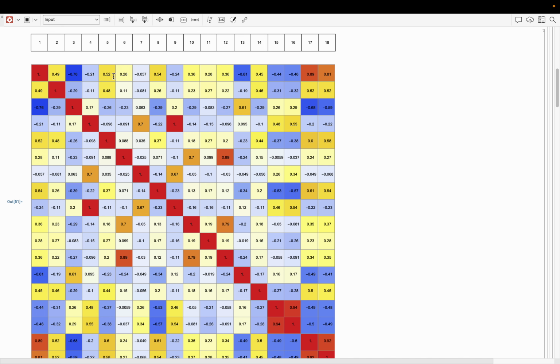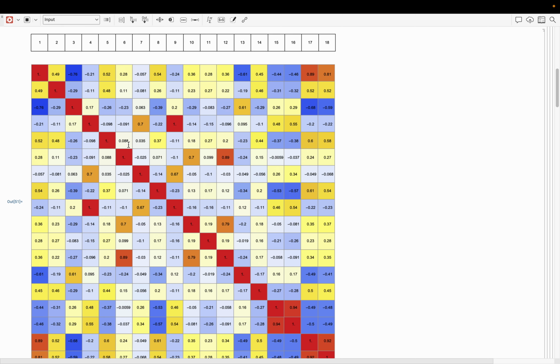There is also variable number 5, which is strongly correlated, variable number 8, and variable number 13. And the last two variables, variable number 17, which is the human development index, and variable number 18, which is years of schooling. So there is quite a good source of information, at least at first glance.